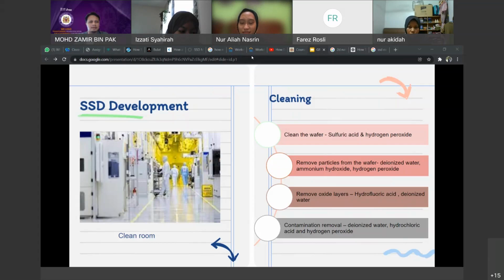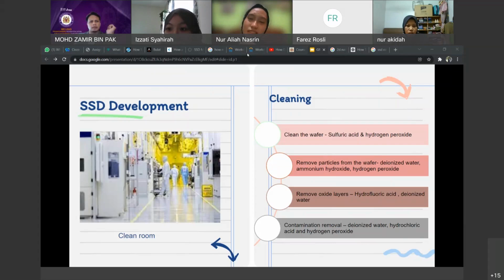So SSD is a device and is actually a bigger picture of another device. Is it a transistor? Transistor is a transistor and SSD is made up of many components of transistor such as 3D NAND. Okay. 3D NAND flash memory.